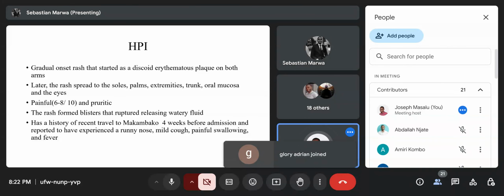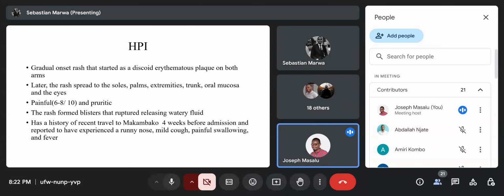Again, toxic shock syndrome is another infection that can present as such. The other infection, if I try to remember, is rickettsial diseases. Yes, rickettsial infections can present with a rash on the palms and soles.